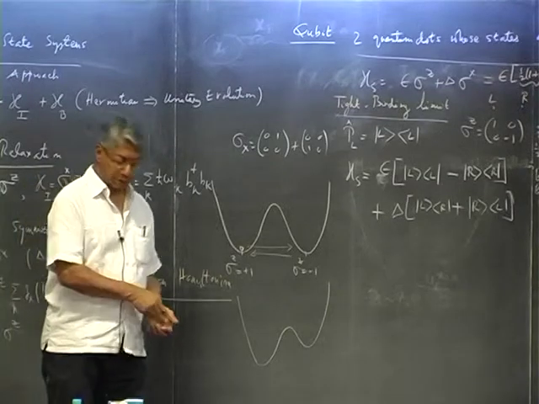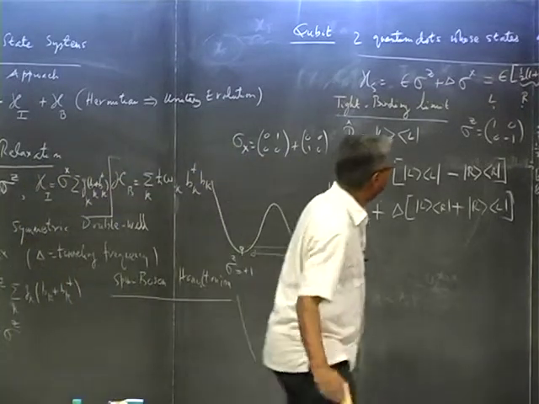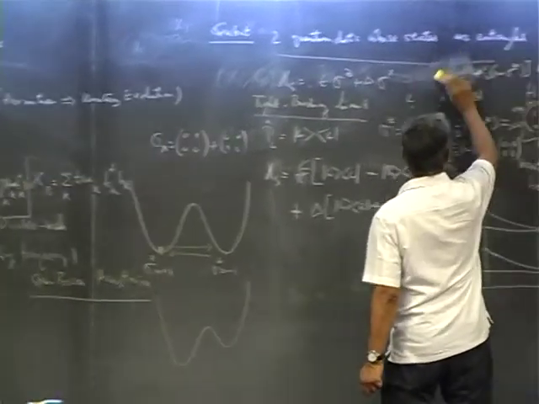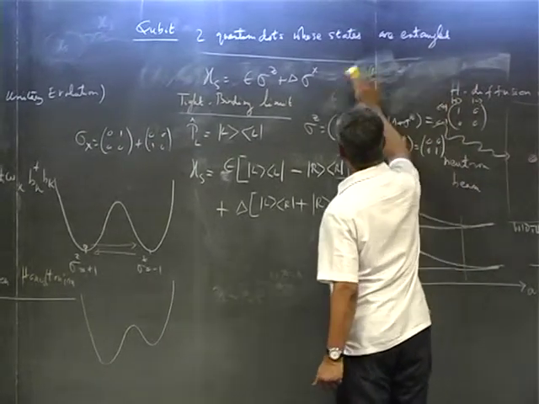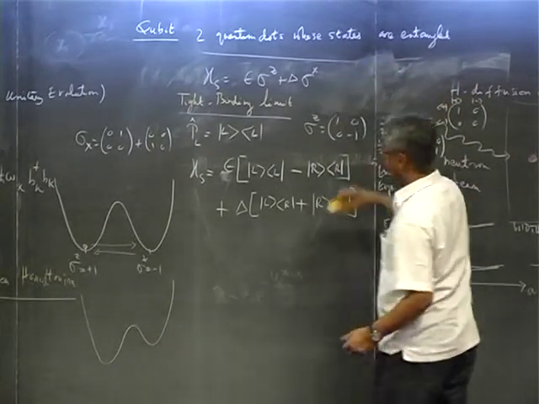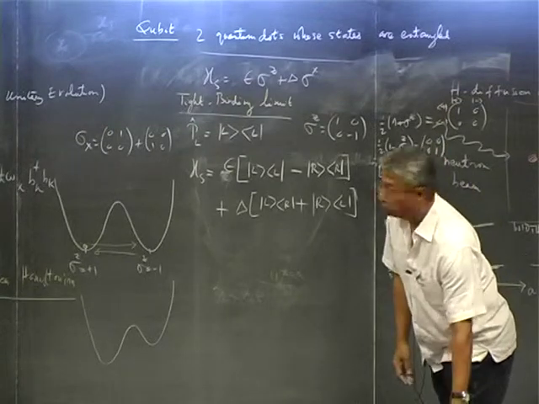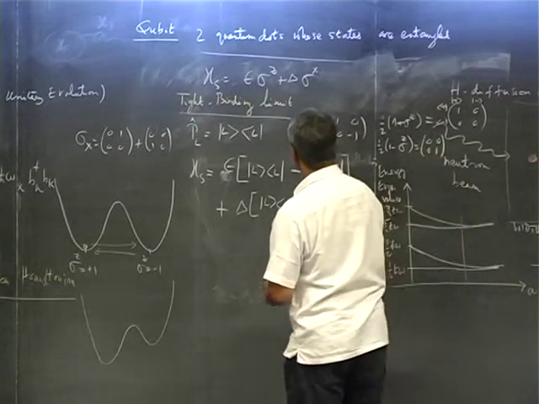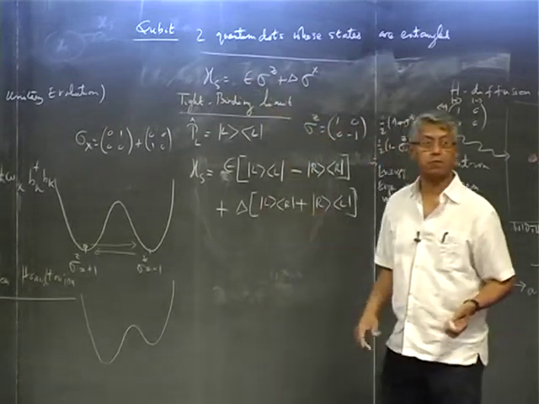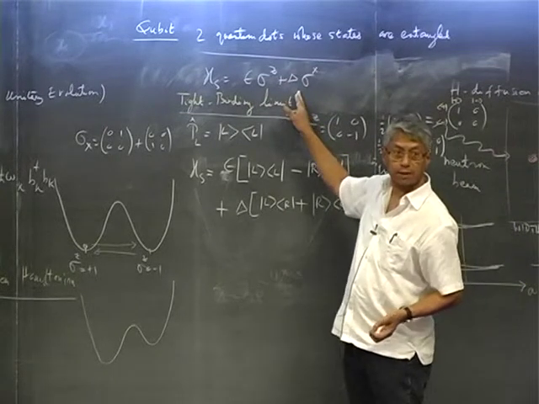But now I want to make life a little more interesting by saying that I want to talk about dissipation in this quantum dot. So what you can do is to add noise to epsilon, noise to delta.